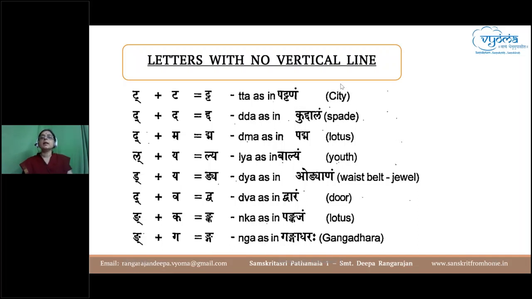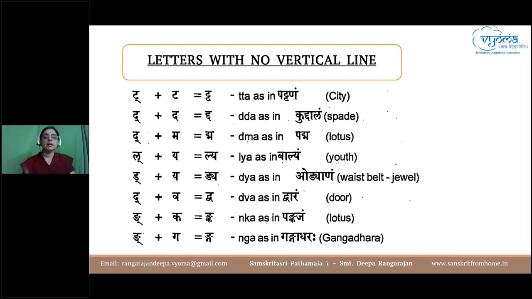Gopal, can you read these? Ram Ram, namaste. Can you try? Ta plus ta, tta, as in Pattanam. Very good.